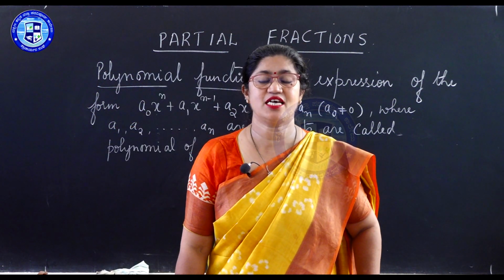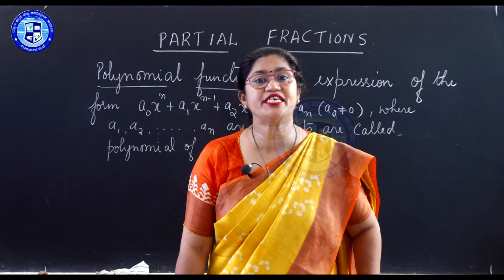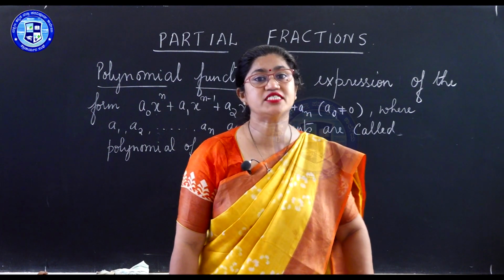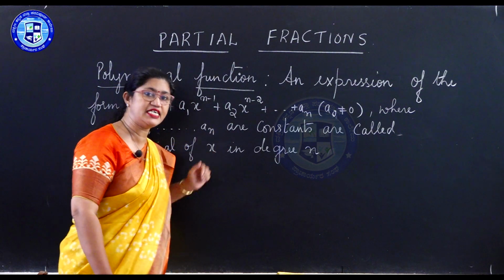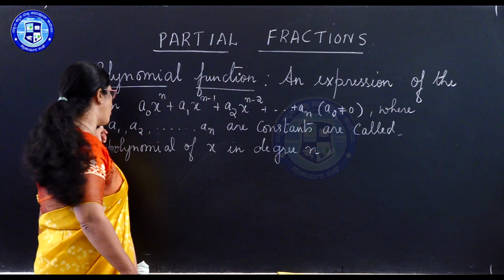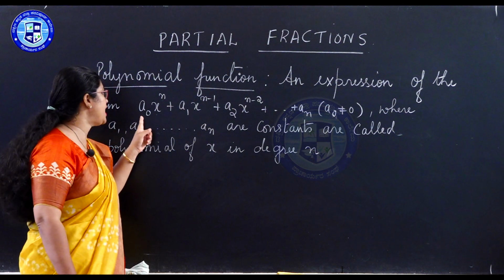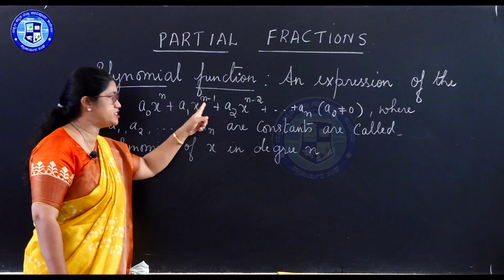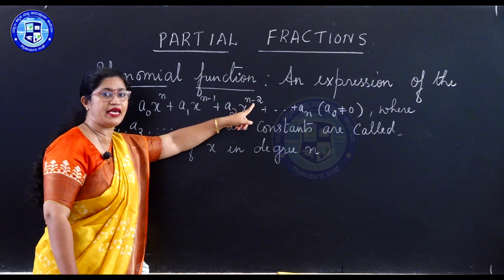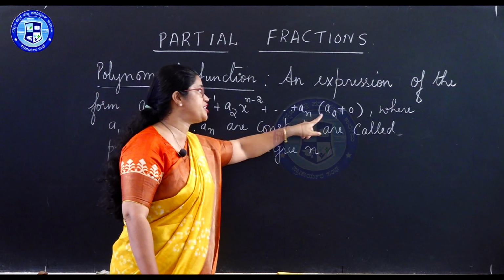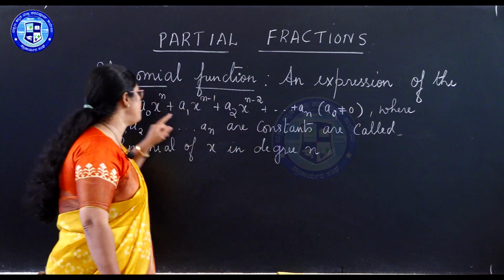First, let us learn the definition of a polynomial function. Let us just read it. An expression of the form, look at this carefully, A0 x to the power n, A1 x to the power n minus 1, A2 x to the power n minus 2, and so on till An, and the condition is that A0 should not be equal to 0.